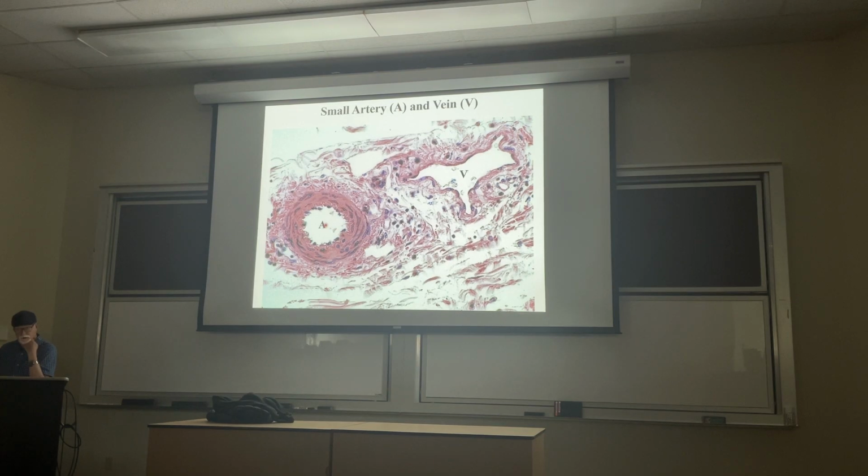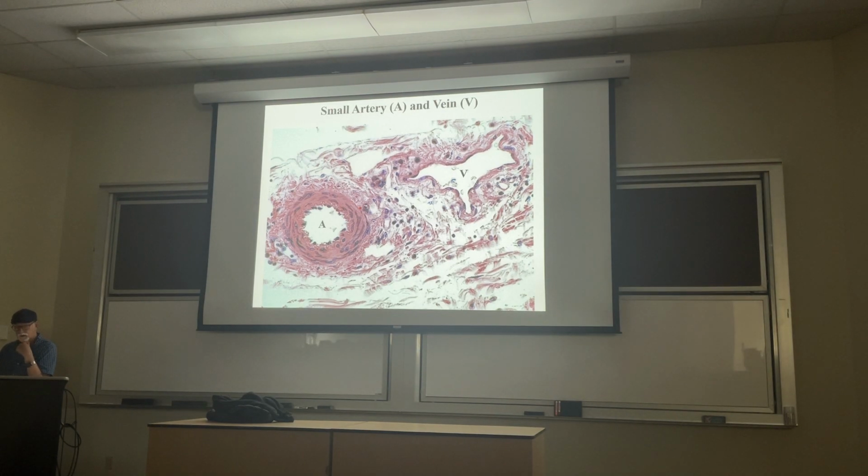The lumen is smaller, a proportional ratio to the wall compared to the vein. And then you have a thicker wall in the artery. And so that shows us some of the difference. We do have an endothelium in both the vessels. And so this is giving us an early view of differences between the arteries and the vein.